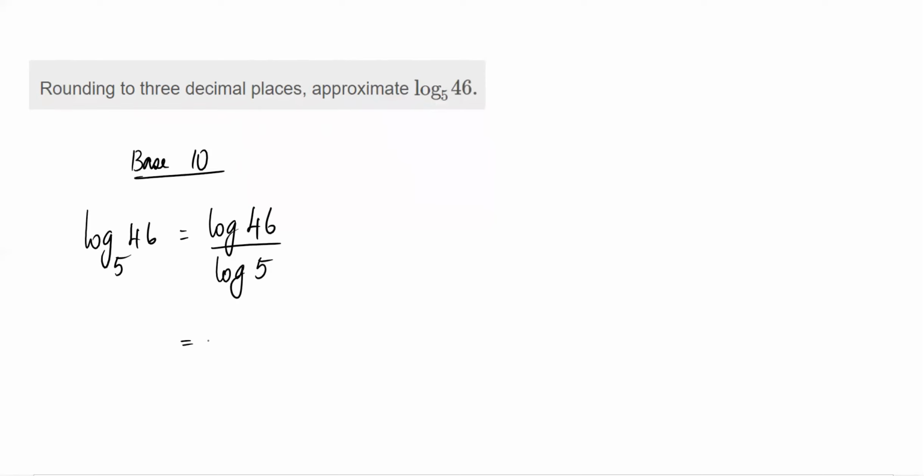This time, you're going to do the calculation on the calculator, and the answer comes out to be 2.378868 and so on. But we're rounding it to 3 decimal places. So that comes out to be approximately 2.379.